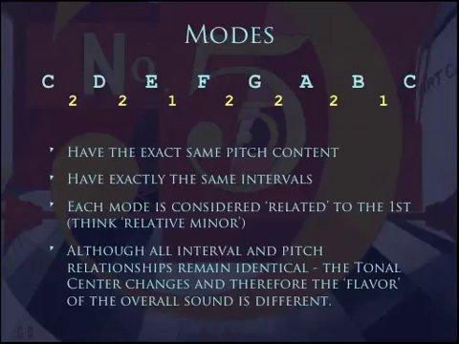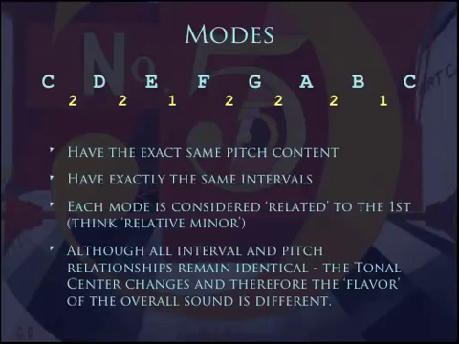In this sense, each of the modes of a certain scale are considered to be related. And we use the term related here in the same way that we would use relative in classical music: relative minor. The relative minor has the same key signature as the relative major. In other words, they have the same pitch content, the same accidentals.